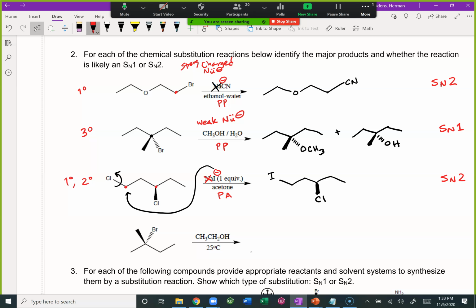So let's do the analysis. Let's dissect this reaction. So we have a neutral, weak nucleophile. Temperature is room temp, 25 degrees. Over here we have a tertiary alkyl halide.